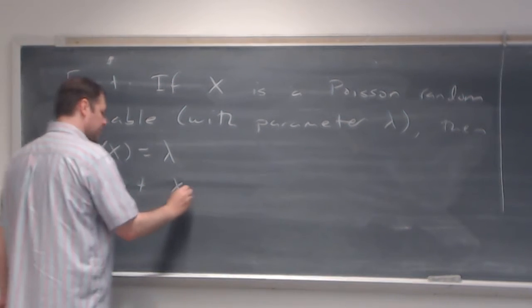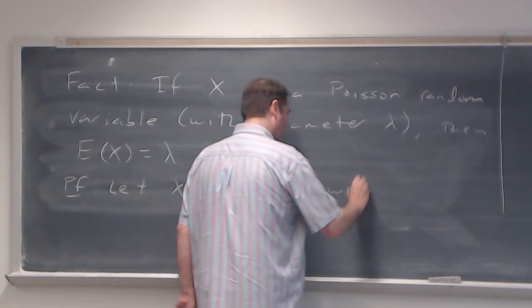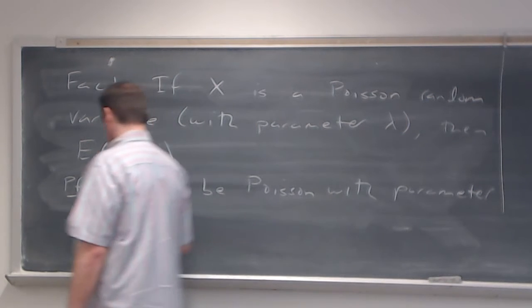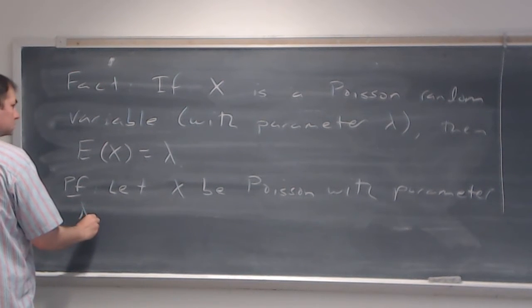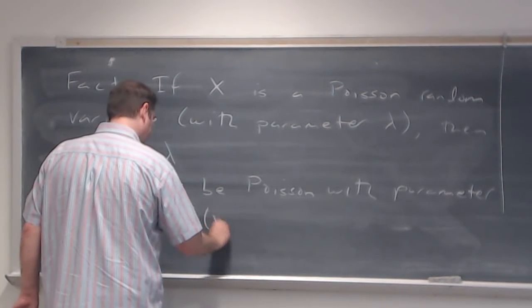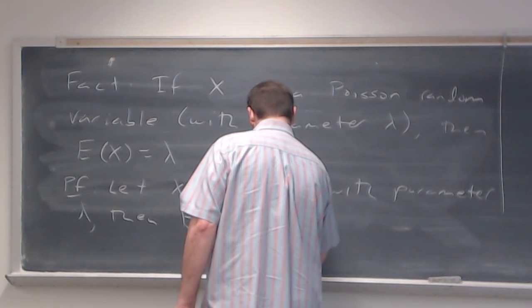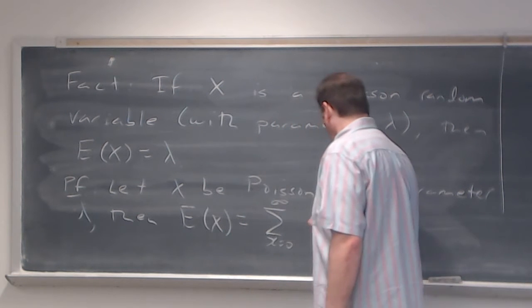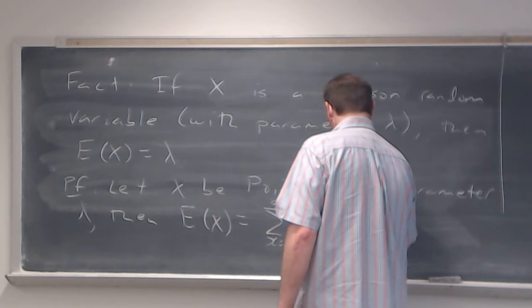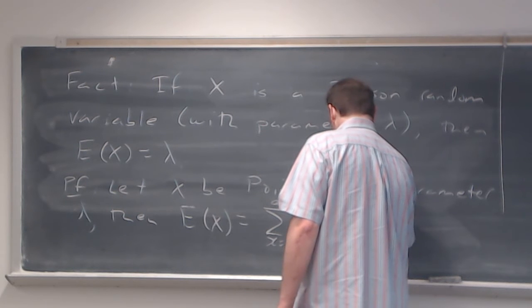So we let X be Poisson with parameter lambda. Then the expected value of X is equal to the sum over all x values, x runs from 0 to infinity, of x times e to the minus lambda, lambda to the x all over x factorial.